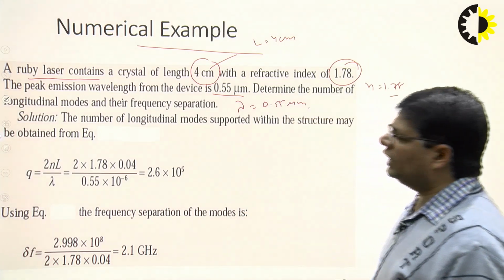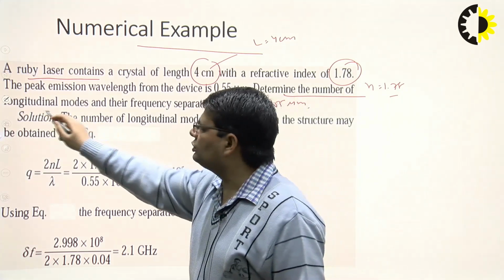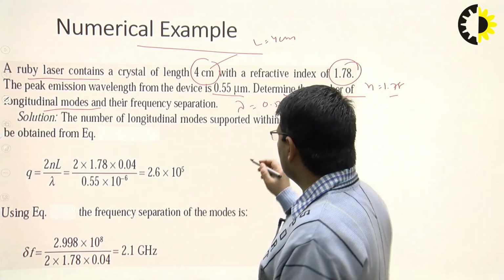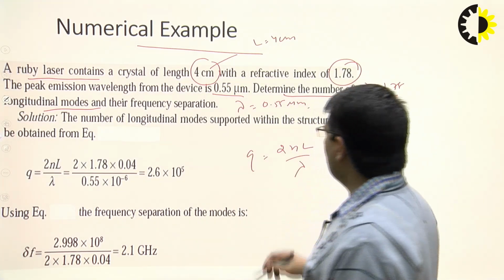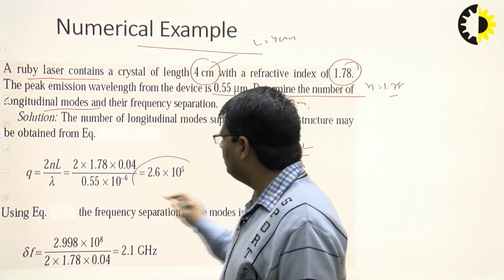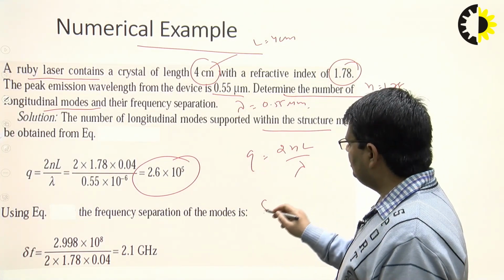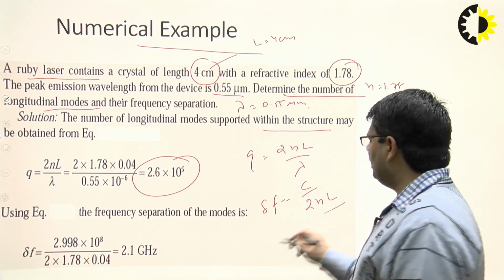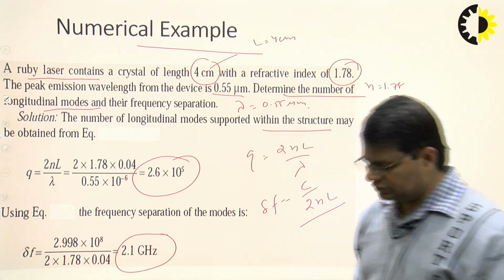We have to get the number of longitudinal modes, given as Q equal to 2nl by lambda. All parameters are given, so we can calculate Q. Then we calculate the separation between the modes, delta F equal to C by 2nl, which we have previously seen, so it is 2.1 gigahertz.